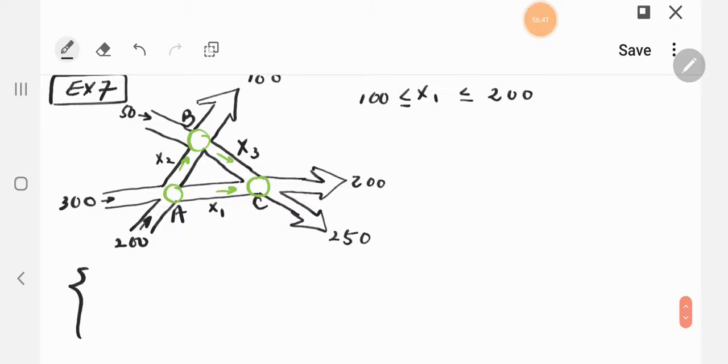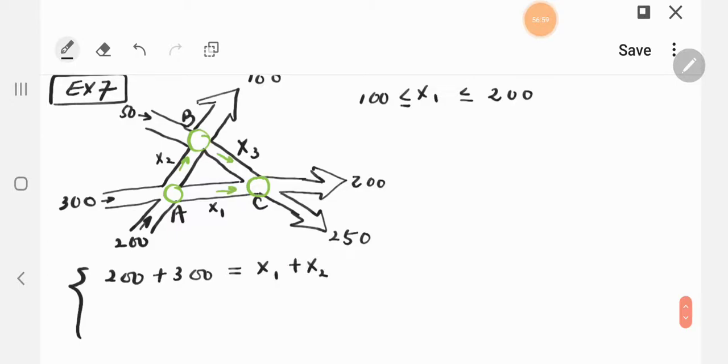So for intersection A, 200 cars and 300 cars are coming in, and they are going out to intersections C and B. The numbers of cars are x1 and x2.